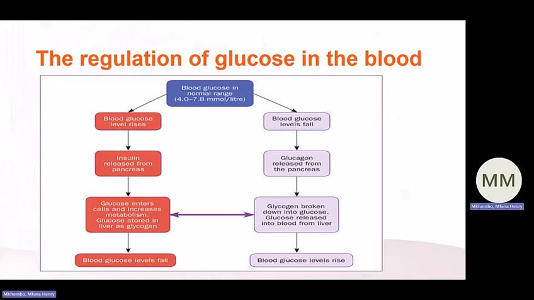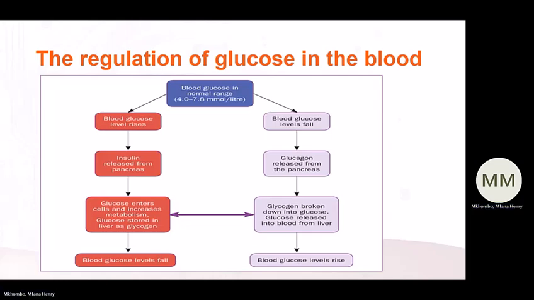Once the insulin is released by the pancreas, the glucose enters the cell and increases metabolism. The glucose that is not used is then stored in the liver as glycogen. And therefore, upon that process, blood glucose level will fall and return to normal.